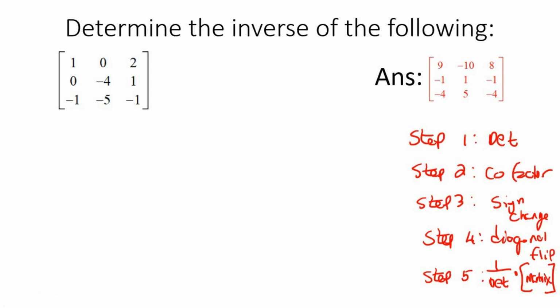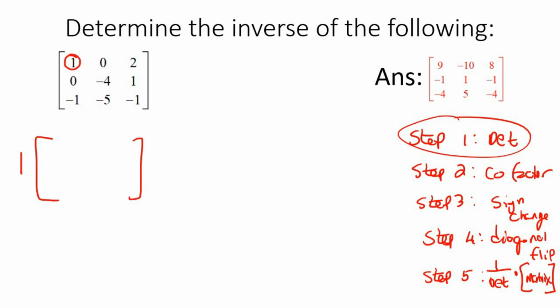So step 1, we're going to work out the determinant. So remember, to get the determinant, we just start with this first number over here, so that's 1, and then you draw a line through it, and the numbers that are left over become your brand new matrix for this part, so -5 and -1. Then you say minus. What do you minus?